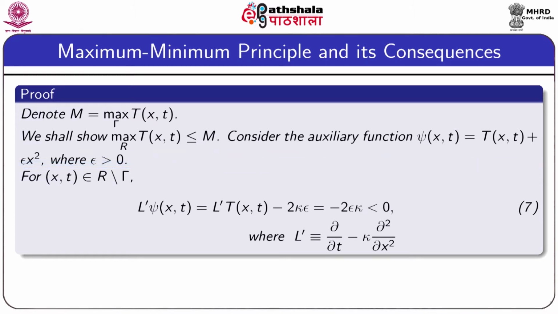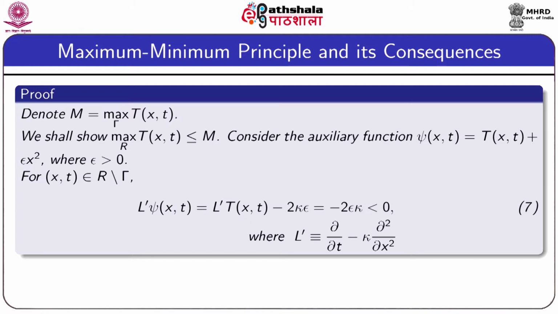Now, for x, t belonging to R minus gamma, we have L dash psi, where L dash is the operator del by del t minus kappa del 2 by del x square.